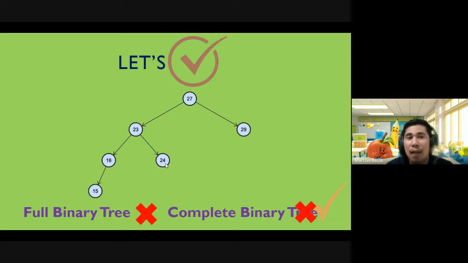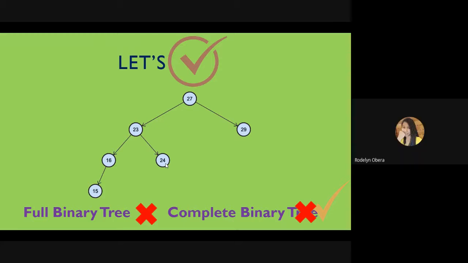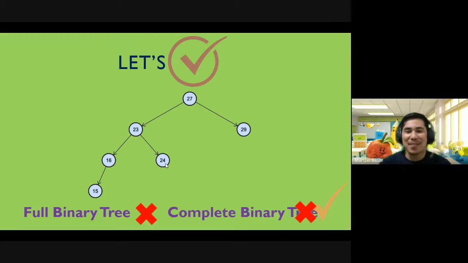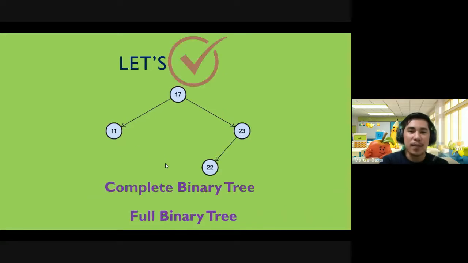Only that if the last node or the deepest node or the last level is not completely filled but naa siya left node. Nakuha? Okay, again, but at least we tried the full binary tree and complete tree. So, how about this one?